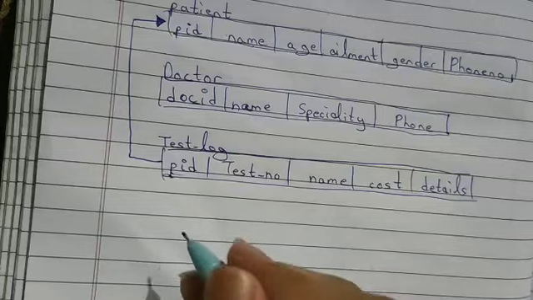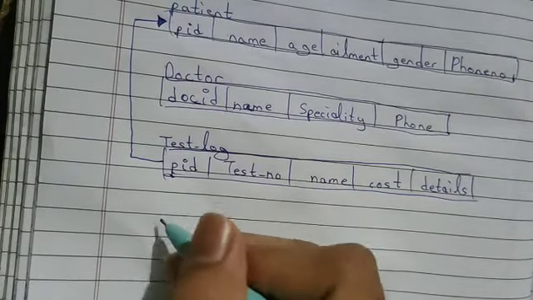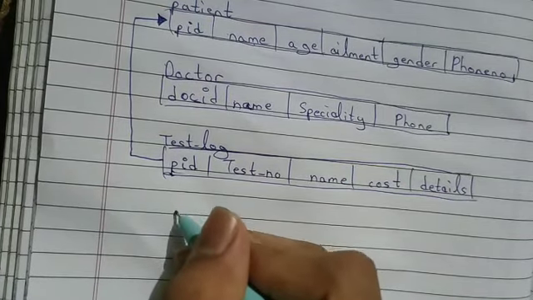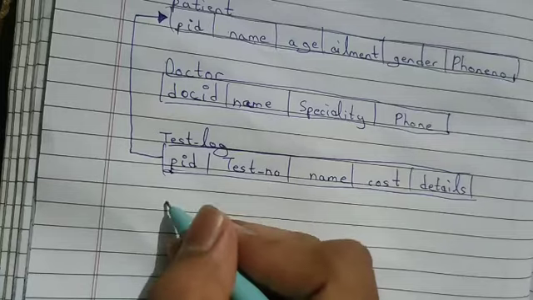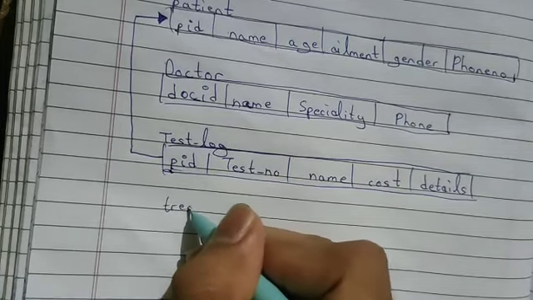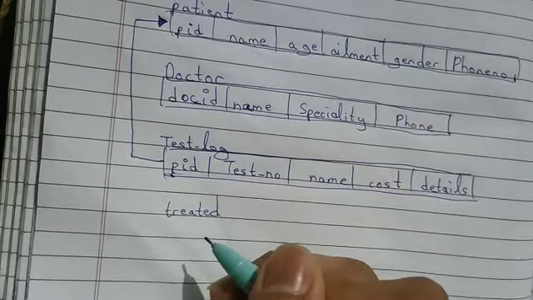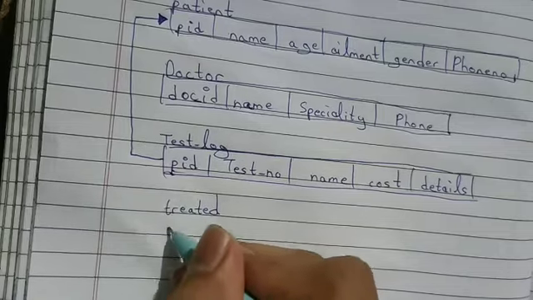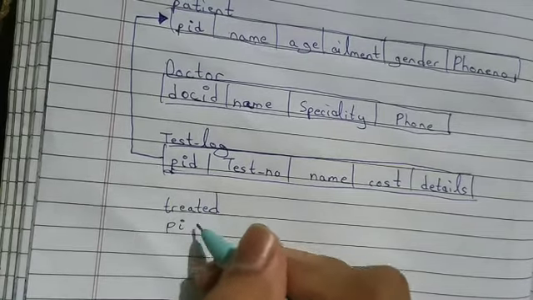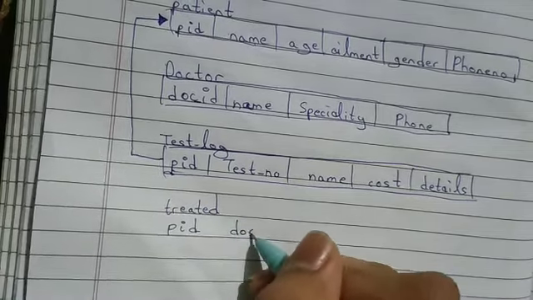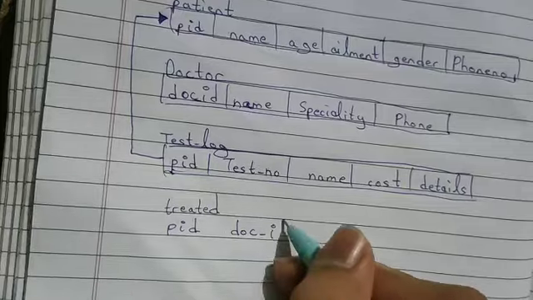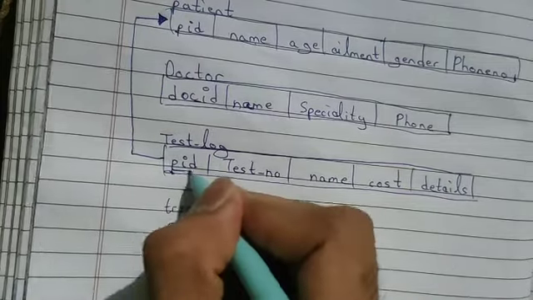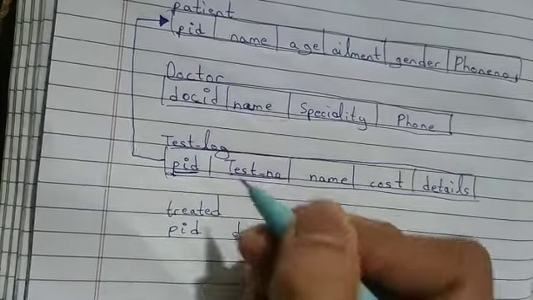So for that, we'll need to make another table or relation, and that could be called treated. It's between our patient and the doctor, so we'll have our PID and doc ID. Basically, both the tables' primary keys can be used, and also underline all the primary keys used.